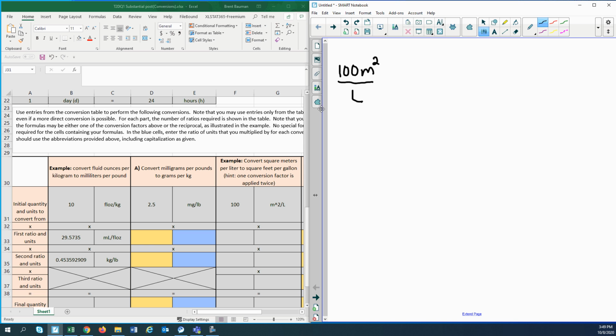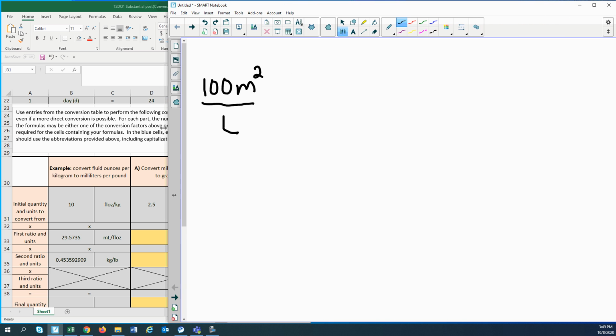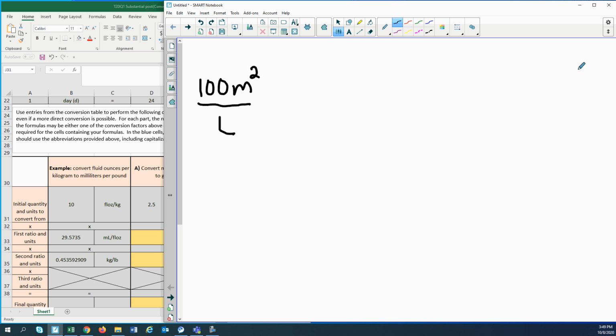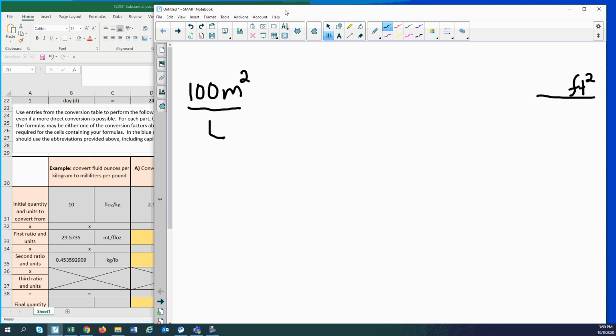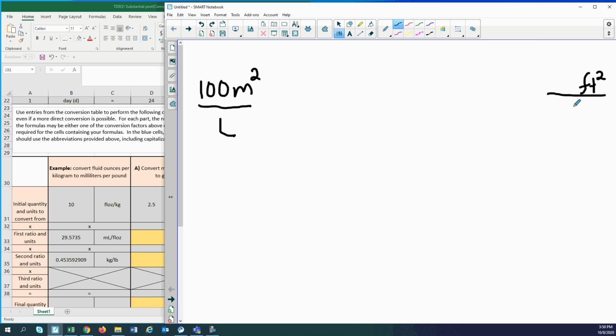So let's get a little room here. So over here, I want my final answer to be feet squared per gallon. Okay, so I'm going to have some conversions that we're going to use to eliminate the liters, eliminate the meters squared, and end up with feet squared per gallon.